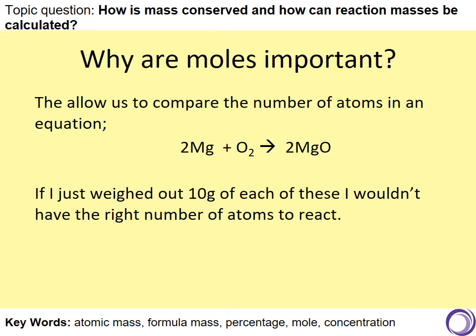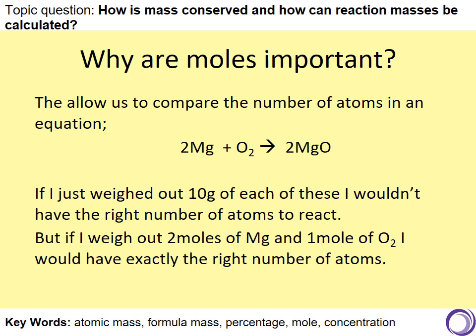However, if I weighed out the mass for 2 moles of magnesium, which would be 48 grams, and the mass for 1 mole of oxygen, which is 32 grams, then I would have exactly the right number of atoms to completely react.